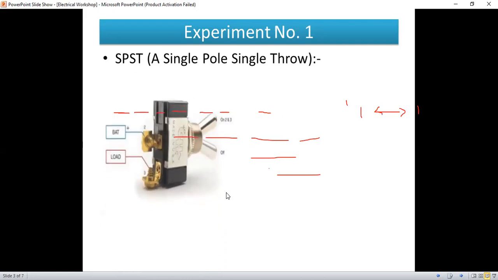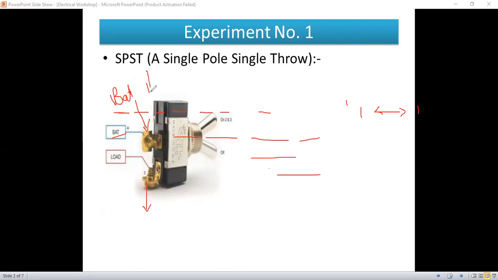In the SPST diagram, see here, this switch has two poles. Suppose this one pole is an input pole. Here BAT is given, which is the battery terminal, or one of the battery terminals, connected here. Then the other terminal can be connected to the output side, or it may be a load.